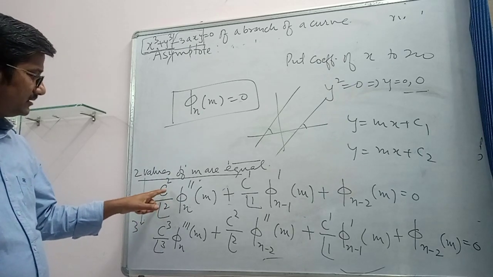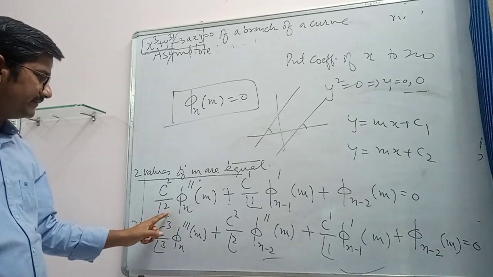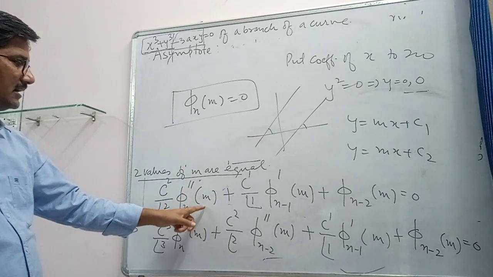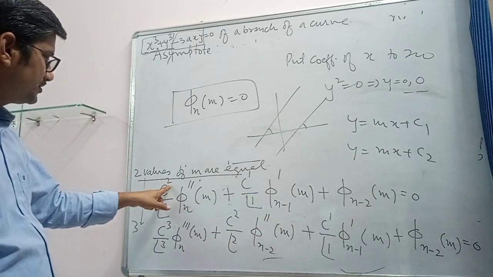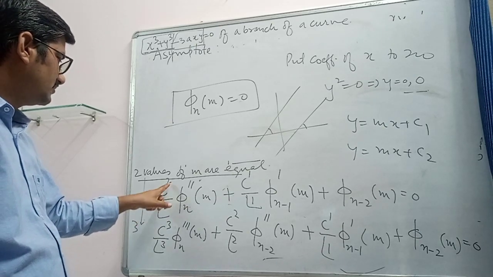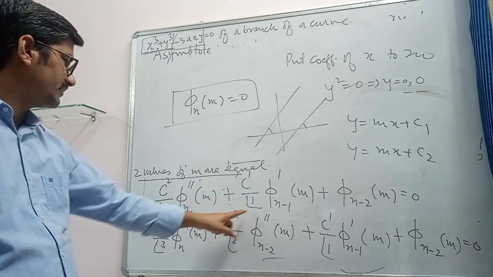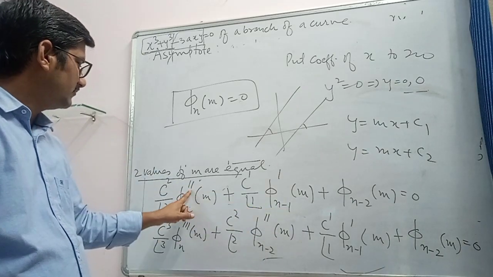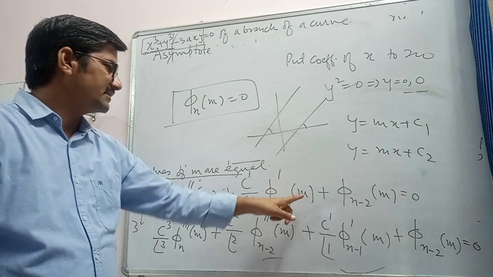So that equation starts with this term, c square by factorial 2 phi n double prime m, and then the next term is obtained by reducing each prime, and the index and factorial, by 1. So c to the power 1 upon factorial 1, reduce n by 1 and phi n minus 1 dash m.